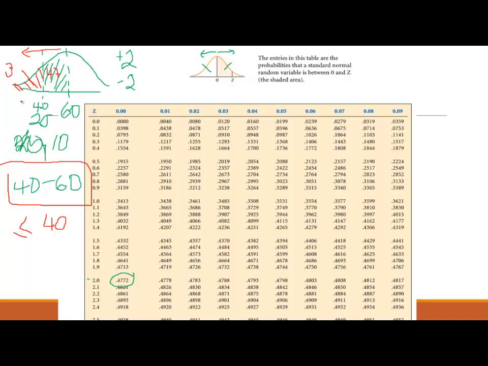So the point of this last demonstration was to show you that it doesn't really matter if you're looking at the left side or the right side. As long as you keep your numbers straight, the table is the same. Okay, the table applies exactly the same way. The same percentage of the population is going to fall on either side of the mean because they are symmetrical.